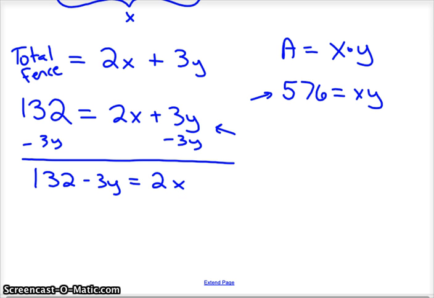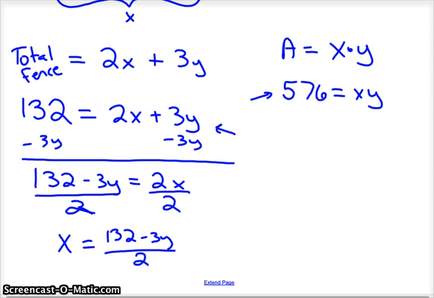Then divide by 2 all the way across. I'll just divide this whole thing by 2. So we know X is equal to 132 minus 3Y, all divided by 2.